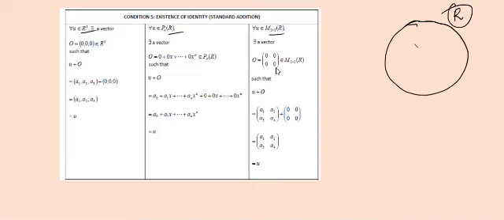See, now our operation is plus. The identity element is nothing but an element which does not change another element when it gets added to it. See, for example, I am taking an element as 2.